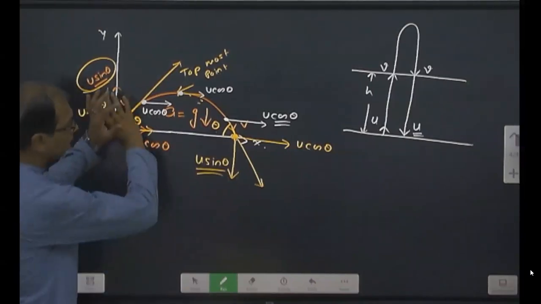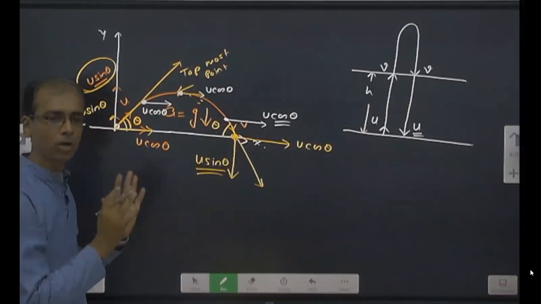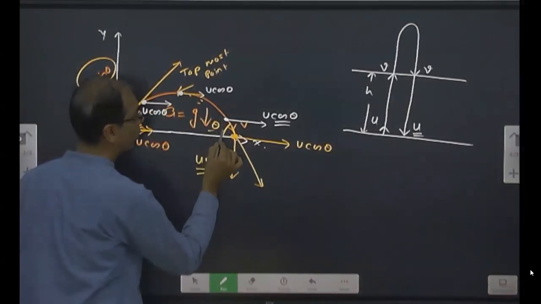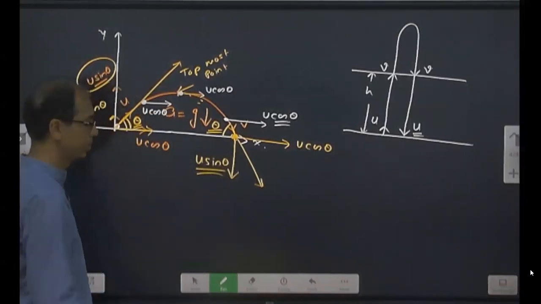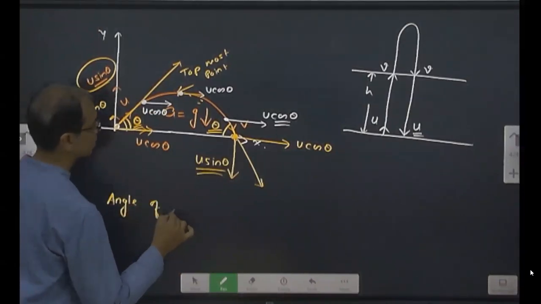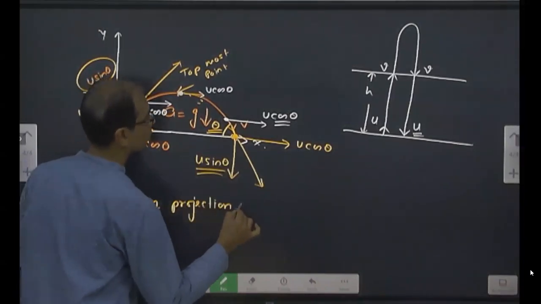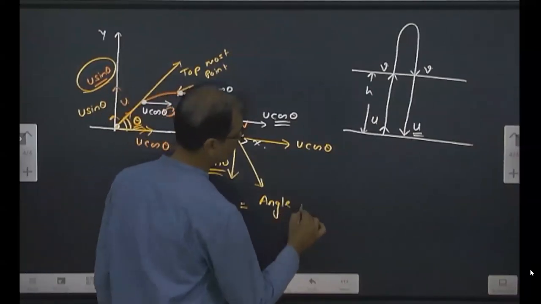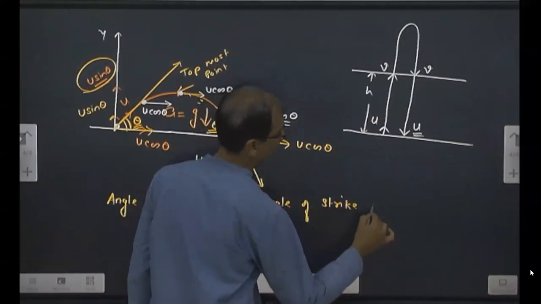So in a normal projectile motion, the angle of projection and the angle of hitting the ground will be the same. Angle of projection will be equal to angle of strike of the projectile.